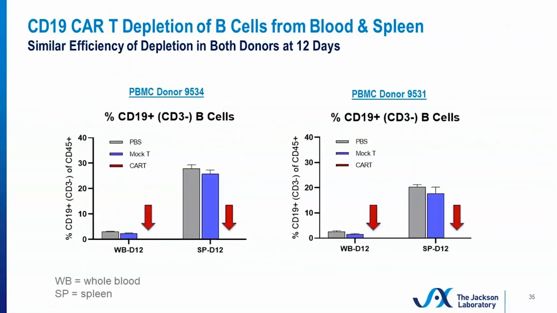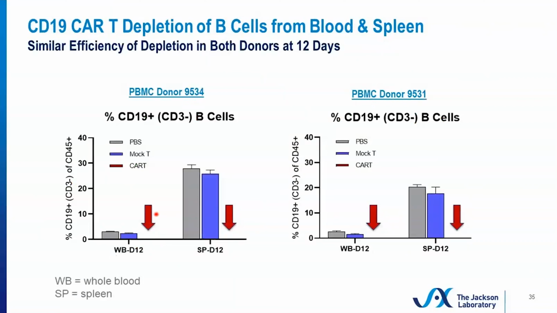You can also interrogate these by injecting human PBMCs, coming in with your CD19 CAR T, and using the resident B cells from the PBMC injection and looking at clearance of those B cells as your efficacy portion of the model. And you can look in the whole blood and you can look at the spleen, and you could look at this across 2 different donors in this particular experiment.